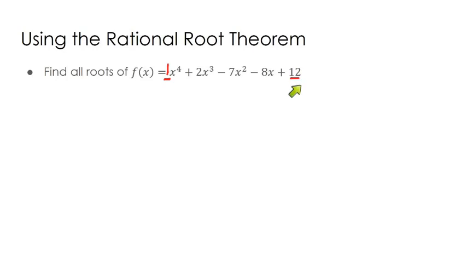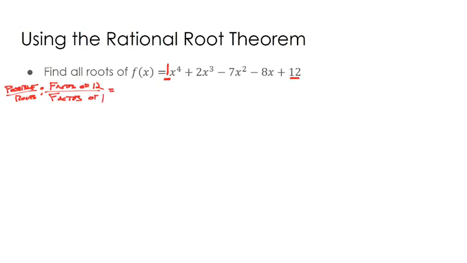But basically it's going to be the factors of this value divided by the factors of this value that will make up our possible rational roots. Possible doesn't mean these will all be roots. Possible roots are going to be factors of 12 over factors of 1.